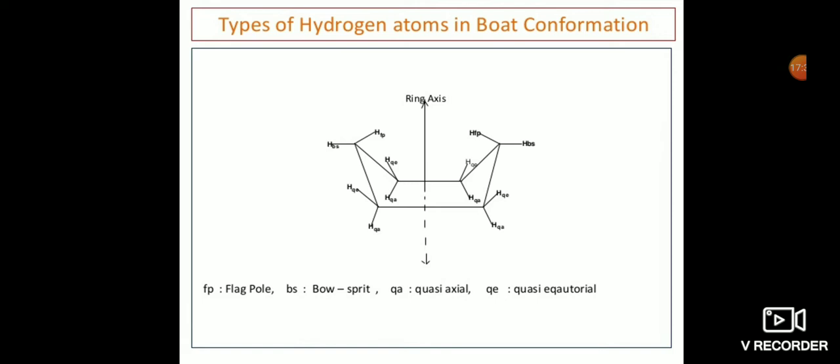You can see all of this in the structure by HQE and HQA. So there are mainly 4 Qe hydrogens and 4 Qa hydrogens. This way you need to practice the structure by drawing it, otherwise you will mess up all the things.